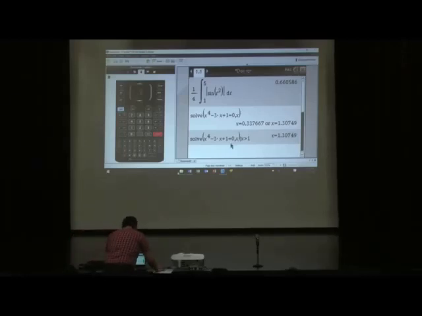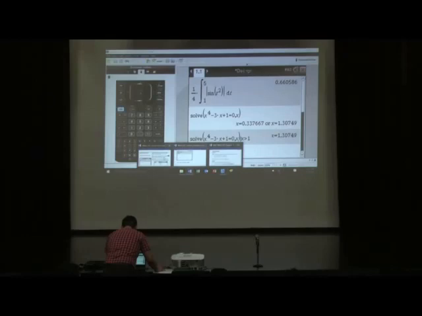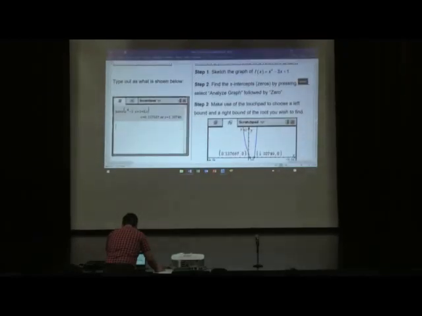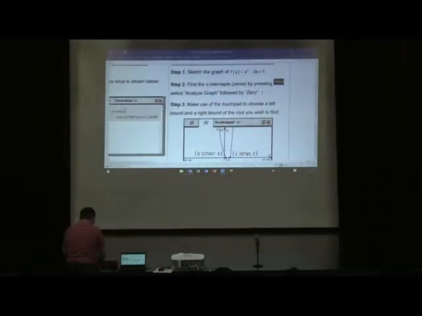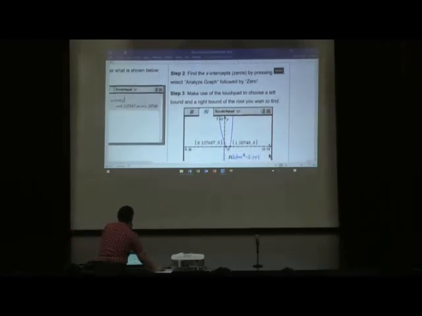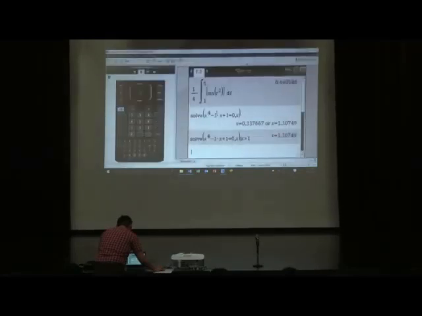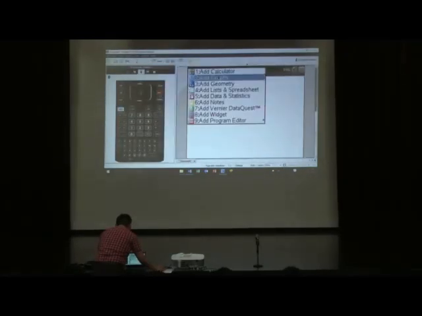Now, the second method is more intuitive, though it may look a bit tedious. What you can do is simply sketch the graph of y equals x to the power 4 minus 3x plus 1. Then from there you find the x-intercept. Let me just show once. I have to open a new page and add a graph.